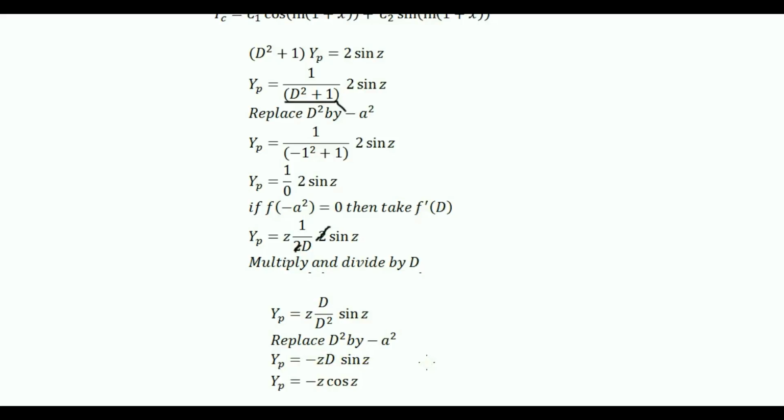As we know that the differential operator D is equal to d by dz, which is a derivative, the derivative of sin z is cos z. So my equation for yp is equal to minus z cos z.